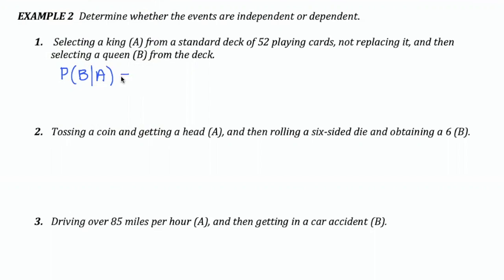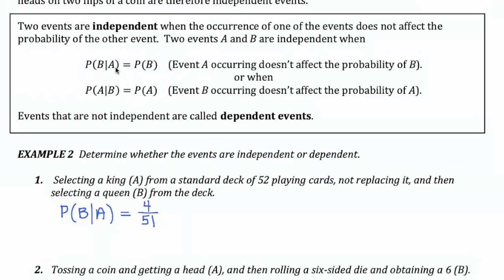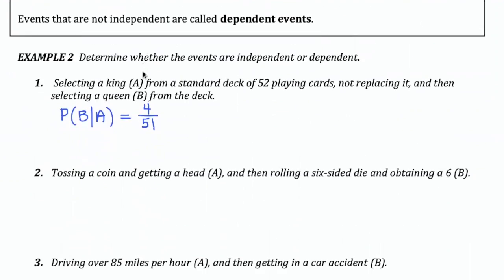We already calculated that probability previously in the last example, and we said if you take that king out, then when it comes time to draw a queen, there are only 51 cards left, and 4 of those are queens. Now, what this definition up above says is we want to compare that to the probability of just event B happening by itself.